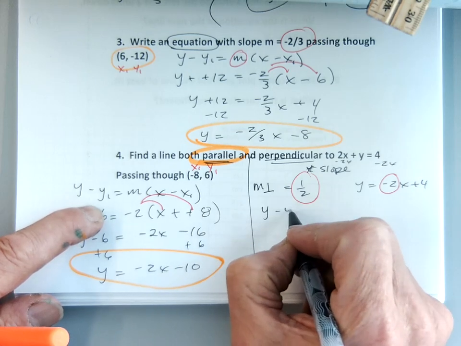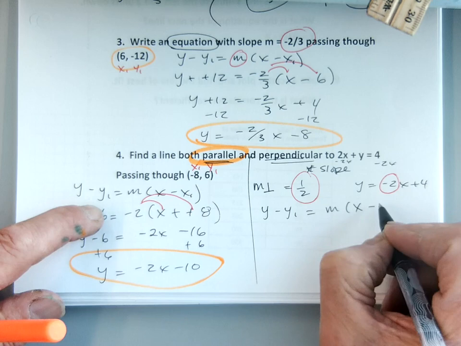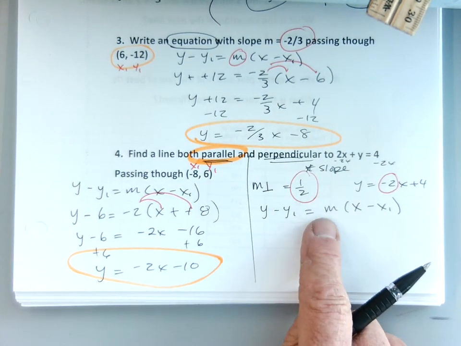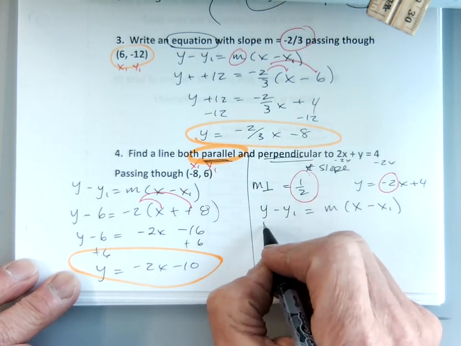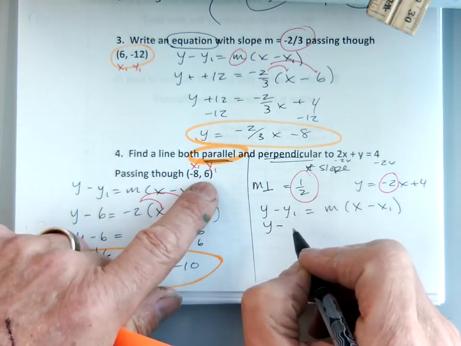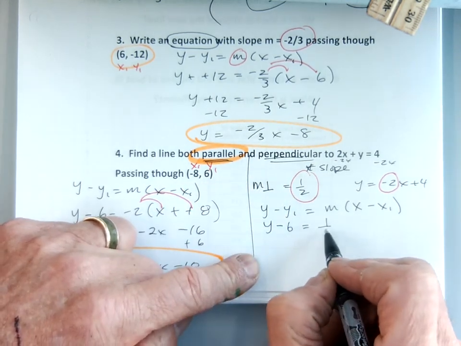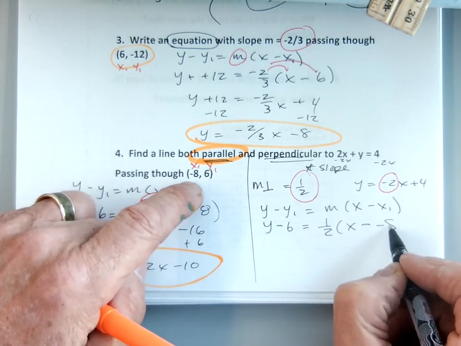Again, y minus y1 equals m times x minus x1, right? And I know m is 1/2, and I've got my point. So I'll go y minus 6 equals my perpendicular slope, which is 1/2, times x minus my minus 8, okay?